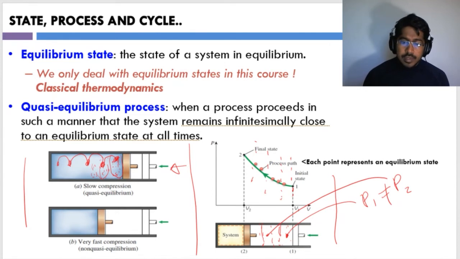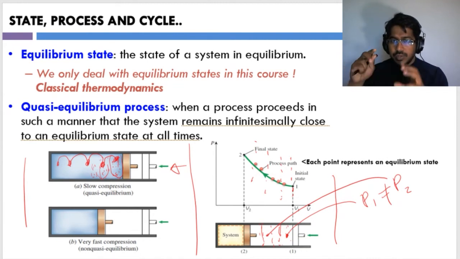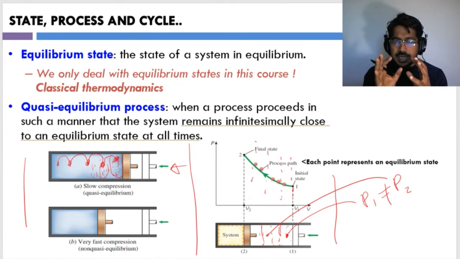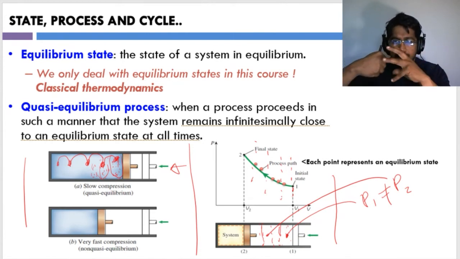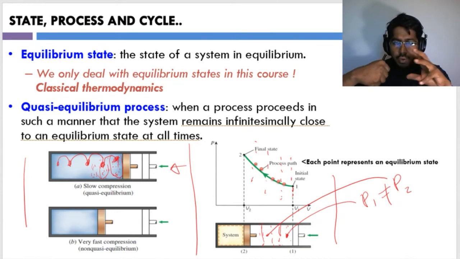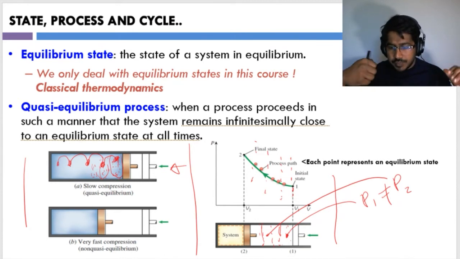But in such a situation, if we move the piston very slowly so that the system comes to an equilibrium state, now we take one step and we allow time for all the particles to reach the same pressure.